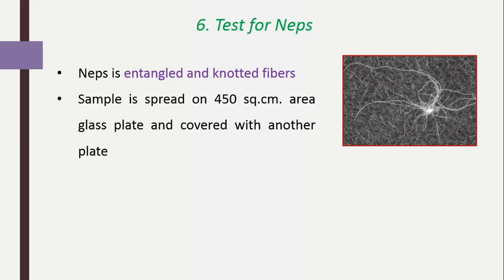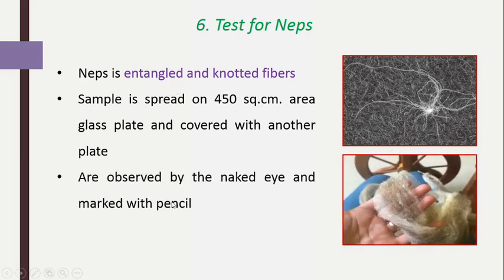On two sides there is a glass plate and in the middle there is the sample. This sample is observed by the naked eye. Using a pencil or marker pen you can mark the NEPS present, so you will get the amount of NEPS present in that area.